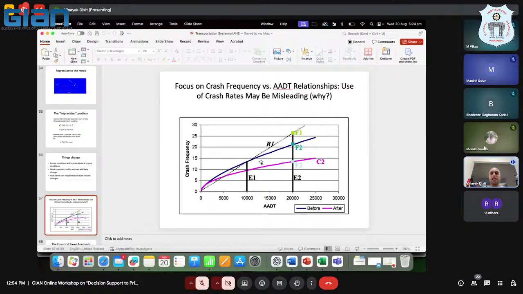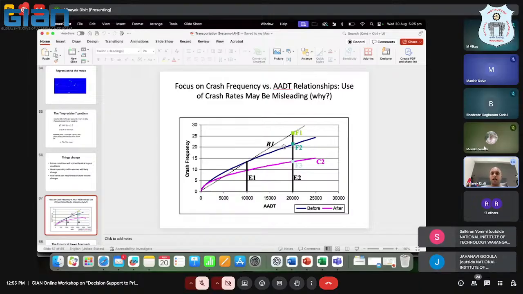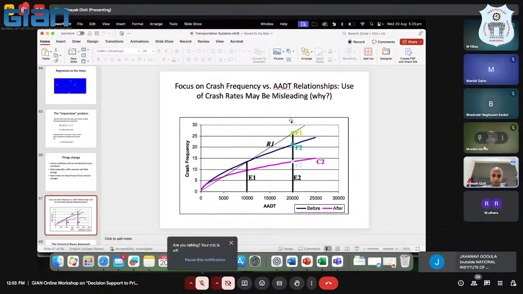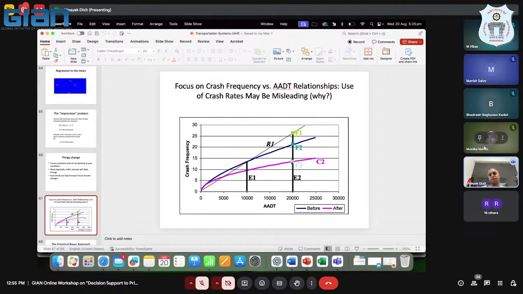This is where the idea of Bayesian comes in. What you really need to do is look at this curve. This is called a safety performance function, and we'll discuss how it's built. In that safety performance function, you find that for 20,000, the actual value is F2. If you had done a linear extrapolation, it would have been F1. So you need to compare F2 to F3, not F1 to F3.